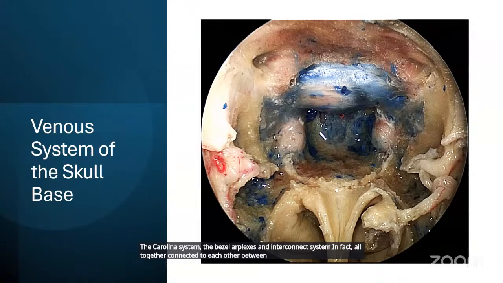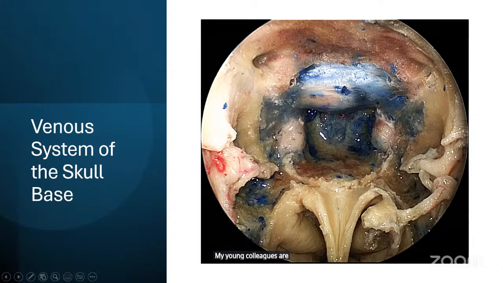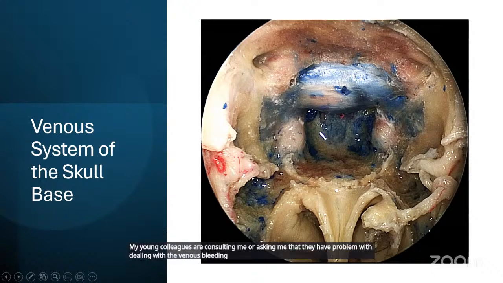So we should understand, especially from the point of view of endoscopic skull base surgery, the importance of this venous drainage, because sometimes my young colleagues consult me about problems dealing with venous bleeding in this region. But it's not only the cavernous sinus or only the basilar plexus, they're all interconnected.